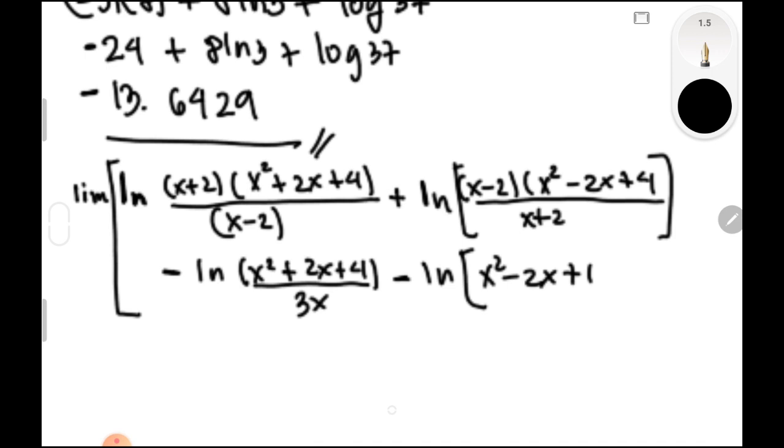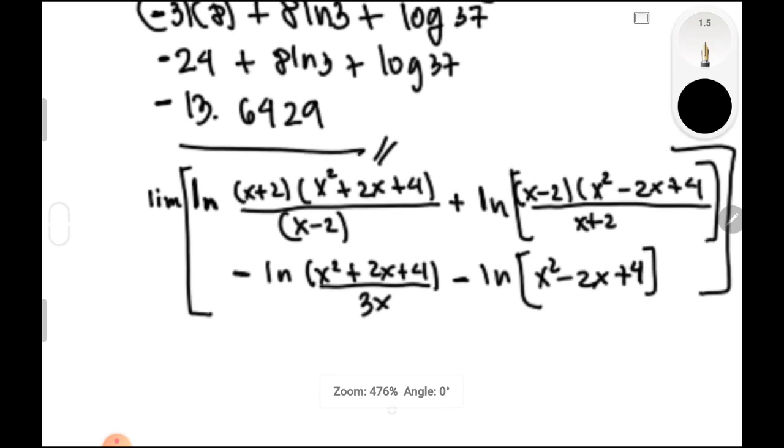So let's have this example. 2x plus 4, sorry. As the limit of x approaches positive 2. Para hindi natin direktang may substitute yung value ng positive 2 dyan.